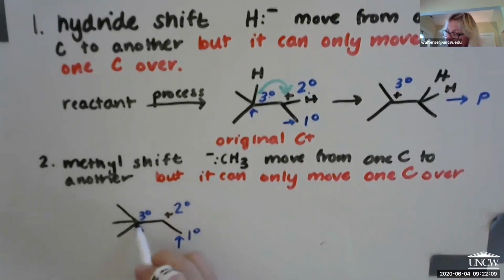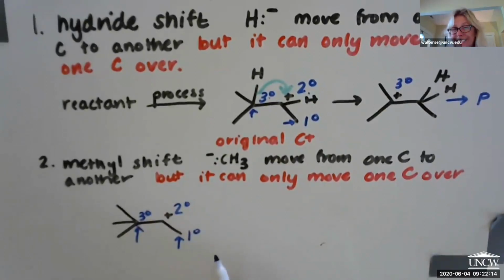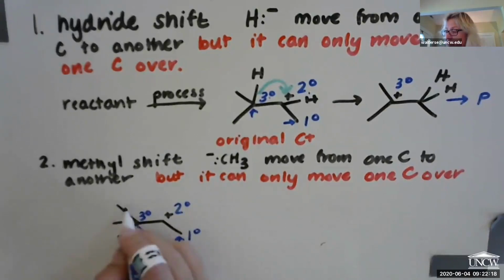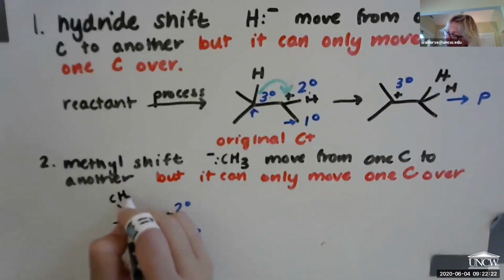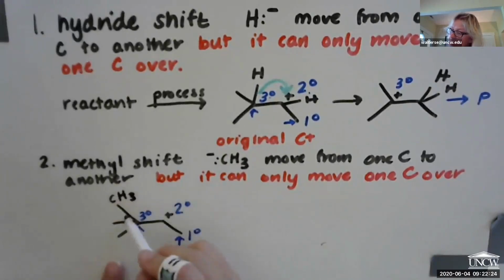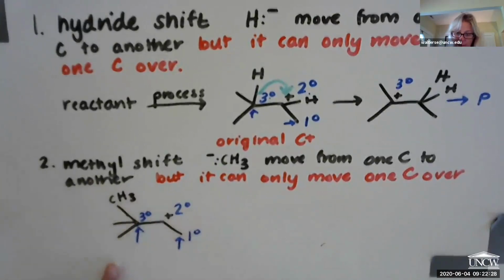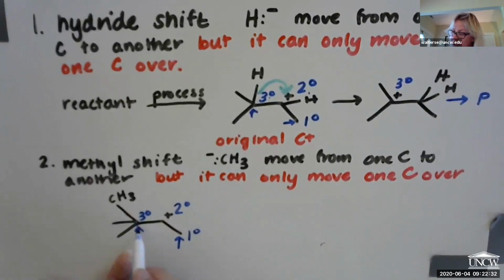Now this carbon, as it's written, is actually quaternary. It has 4 carbons attached to it. But if we remove one of these methyl groups through a methide shift with these electrons, then we'll make a tertiary carbocation. So we're going to shift so that we end up with a carbocation in the tertiary position.